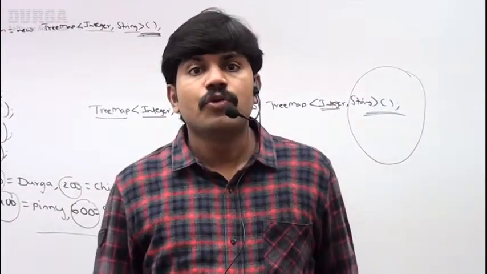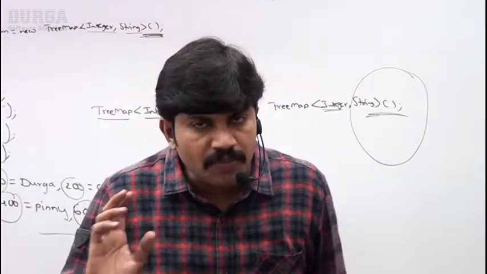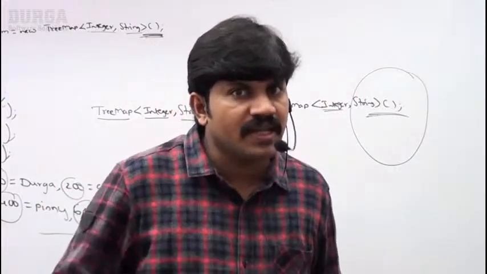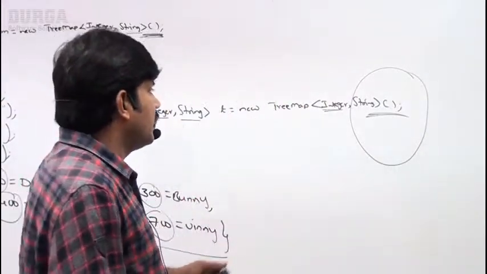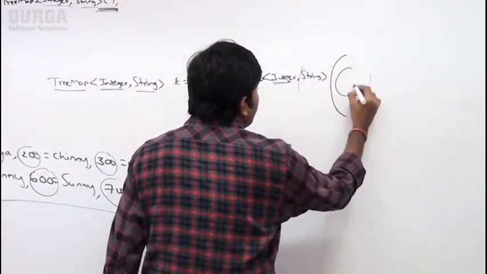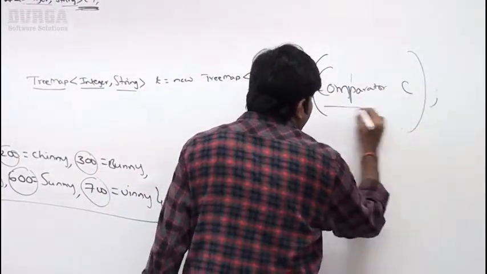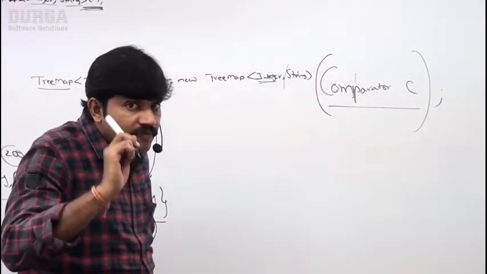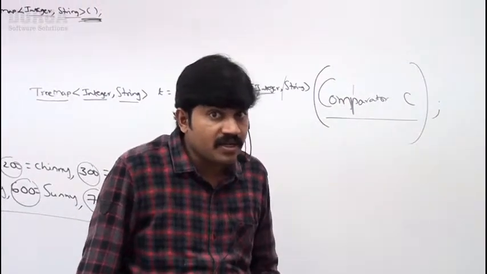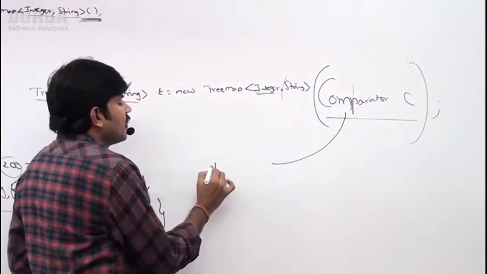Sir, I don't want default natural sorting order. I want customized sorting order. I want a descending order of keys. How can you do it? Just in the constructor, you require to pass a comparator object. Wherever a comparator is there, happily we can use a lambda expression, because Comparator is a functional interface. I covered that already, right? Can you please tell me what is the way, sir?